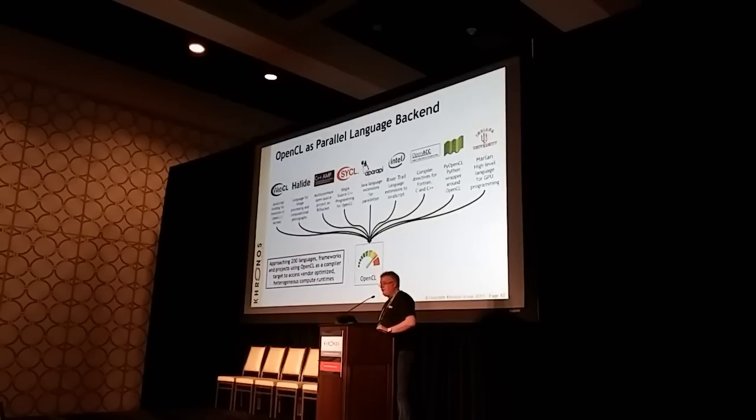We've actually now counted over 200 different frameworks that are using OpenCL as a backend, everything from C++ AMP and Halide, which is an image processing language I'm sure many of you are familiar with, and Khronos' own initiatives. We have WebCL, which is a JavaScript binding to OpenCL for the web community, and SYCL, which is a single source C++ framework that we'll be discussing in a bit more detail later in this presentation.